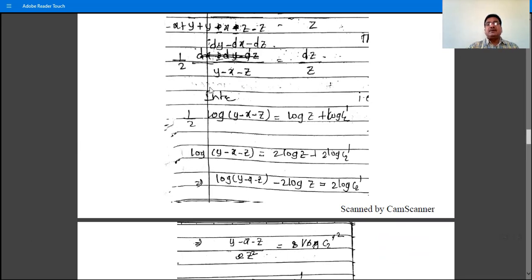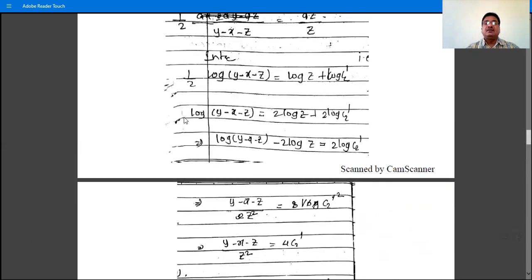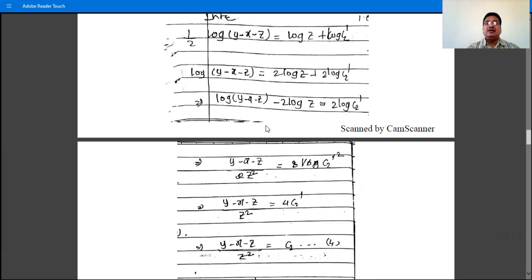1 half log (y minus x minus z), by using the rule of integration f dash x divided by f x is log f x. The 1 by z integration is log z, plus constant of integration, suppose log c2 dash. Then shift this to the right side. So we have 2 into log z plus 2 log c2 dash. And then it becomes log (y minus x minus z) minus 2 log z is equal to 2 log c2 dash.